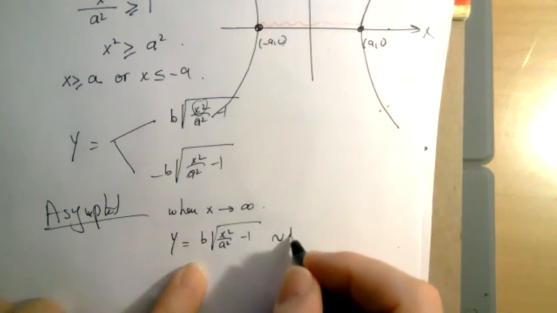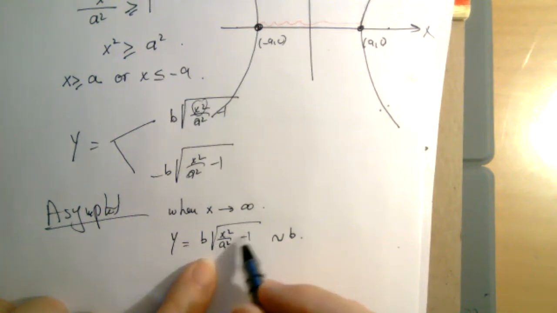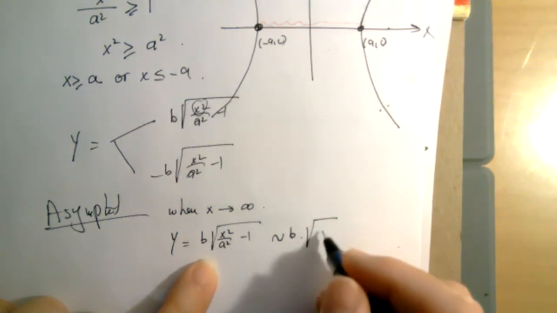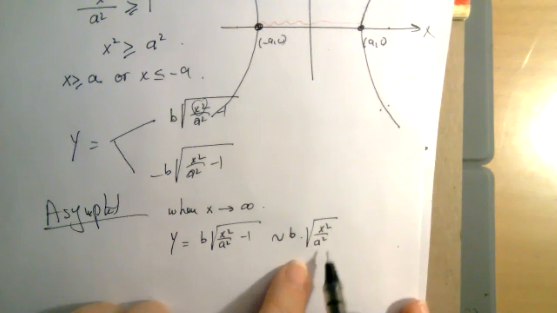When x is very, very large, x squared over a squared minus 1 will be almost x squared over a squared. This means the values obtained by y will be very close, not exactly, to the values obtained by this when x is large.